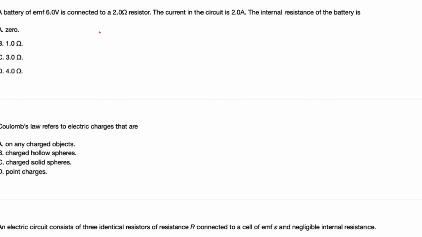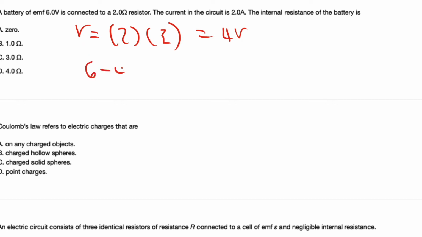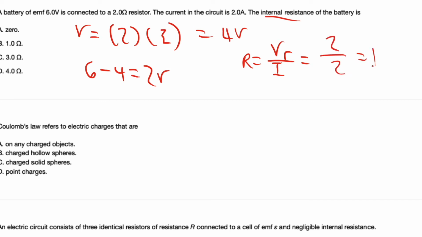The battery is 6 volt, so the voltage across the resistor is equal to 2 times 2, which is 4 volt. The voltage due to the internal resistance is then 6 minus 4, which is equal to 2 volt. To calculate the internal resistance, r is equal to V_r over the current, so 2 over 2, which is equal to 1.